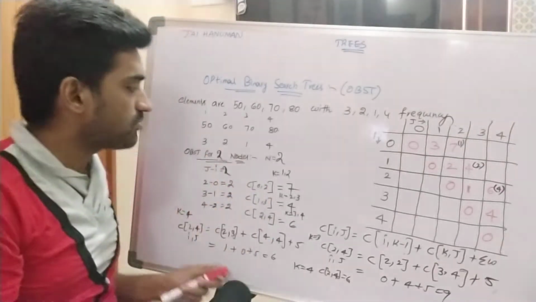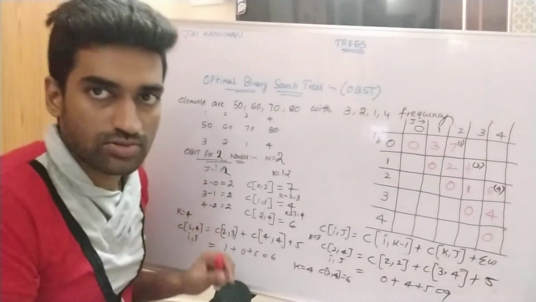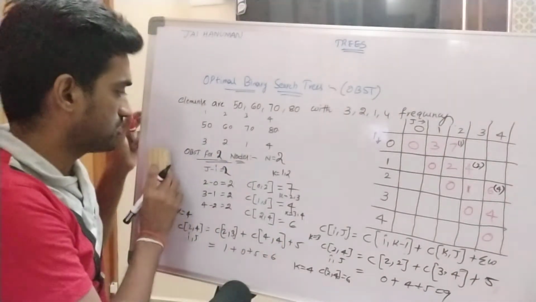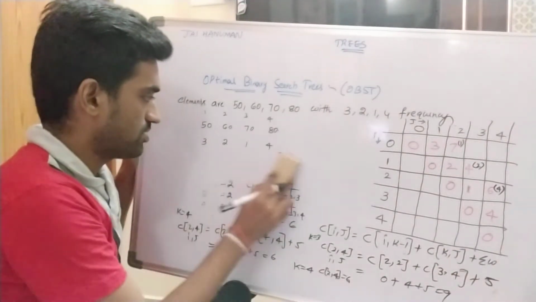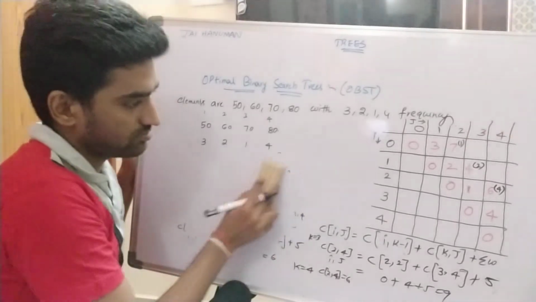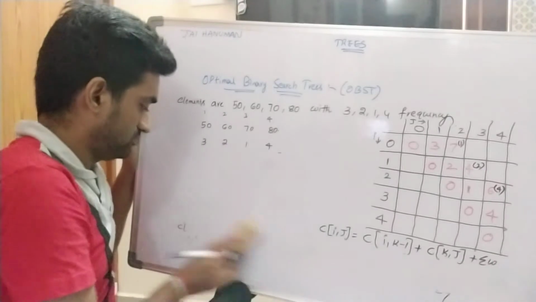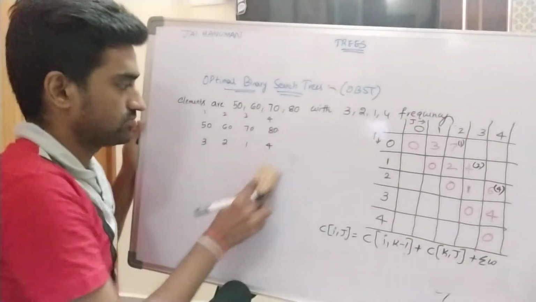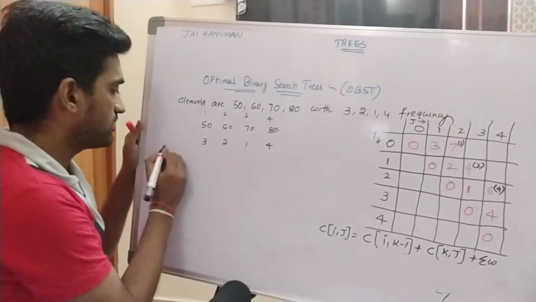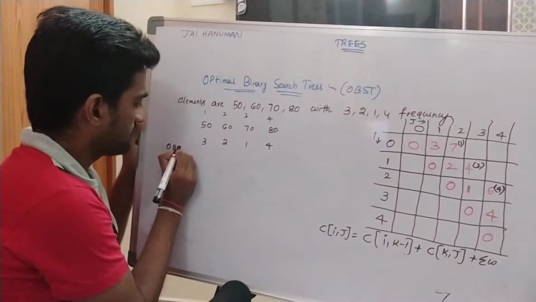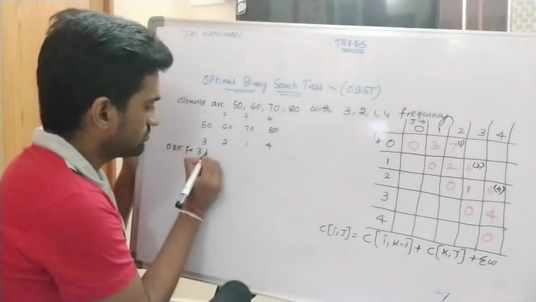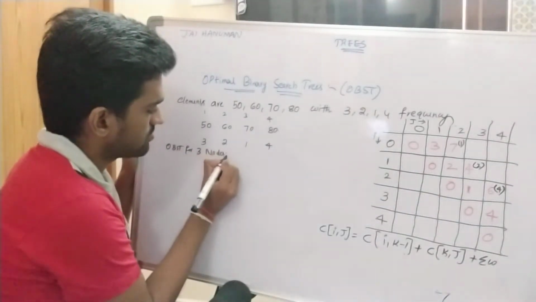So here I have found the optimal binary search tree for 2 nodes. Then I am calculating the OBST for 3 nodes.